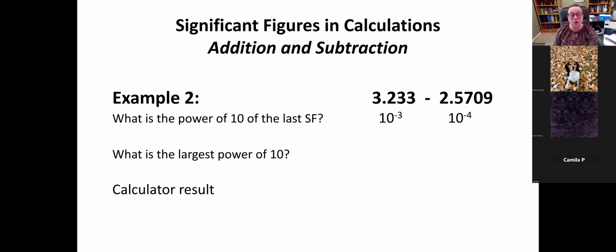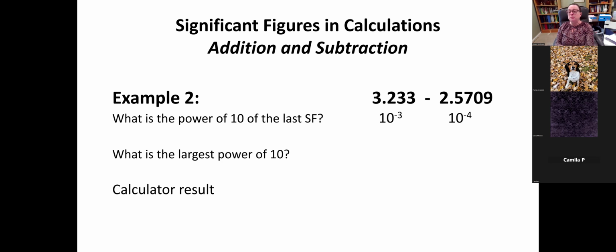But realize at some point we might be adding very big numbers where the last significant figure is maybe in the tens place on the other side of the decimal point. So that's going to make things a little bit different. So if we can start our understanding of this significant figure rule thinking about position, when we have significant figures on the big side of the decimal point, it won't throw us for a loop then.